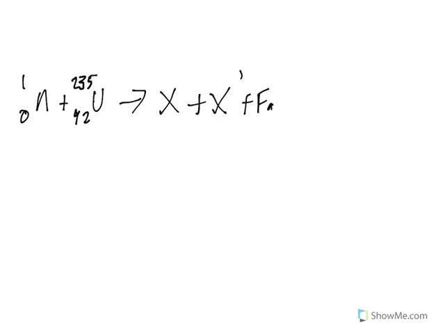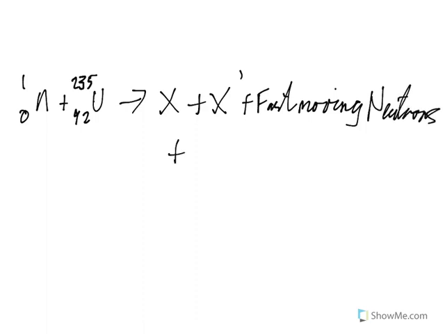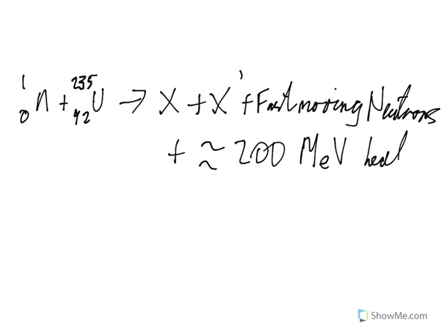We get fast moving neutrons, and also you get energy, typically 200 mega electron volts of heat energy. Now, that may not seem overly exciting, mega electron volts, because in terms of things it's still quite small.